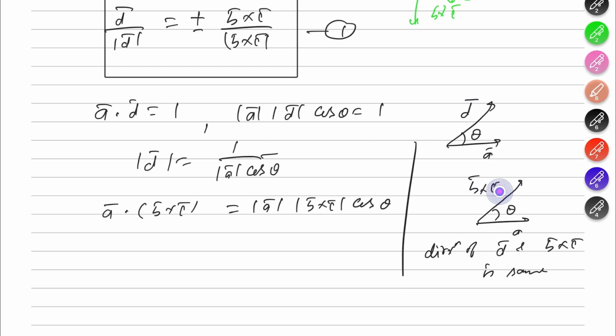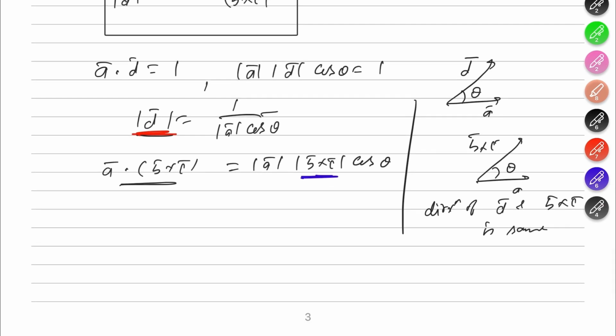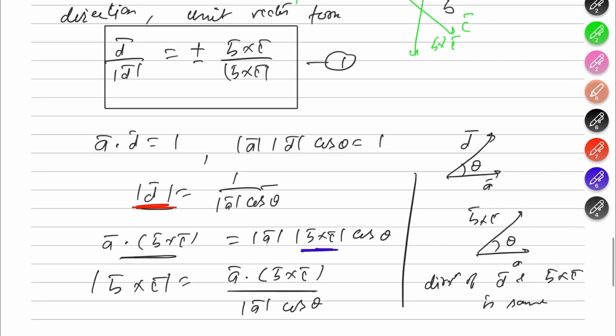So using A dot D, we can find the magnitude of vector D, and using the scalar triple product, we can find the magnitude of B cross C. The magnitude of B cross C is the scalar triple product of A, B, C upon A cos theta. Fine. So now we know the magnitude of D, and we know the magnitude of B cross C.